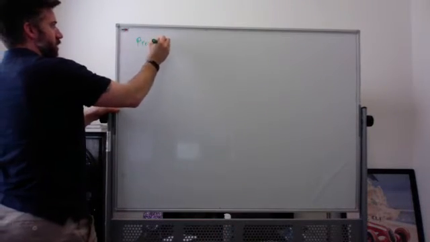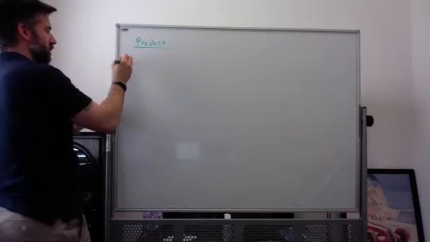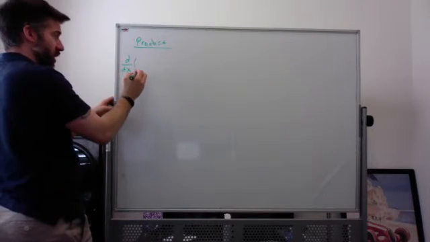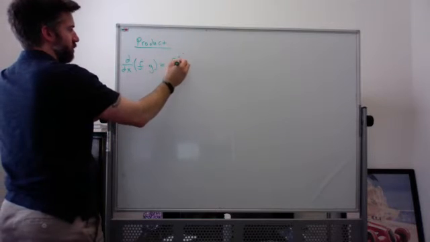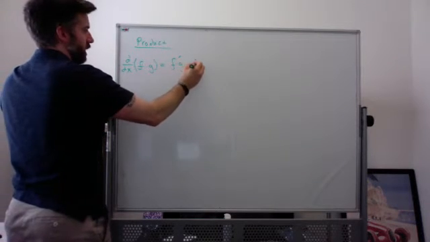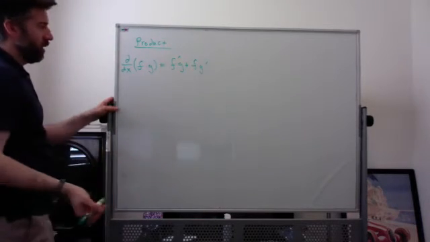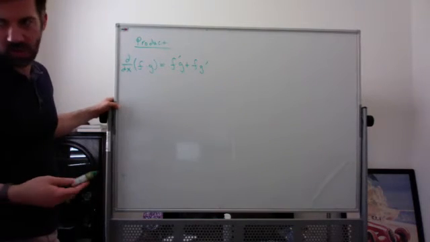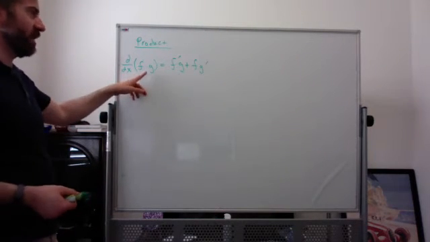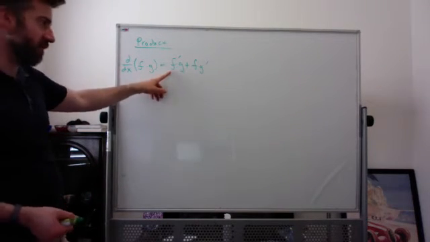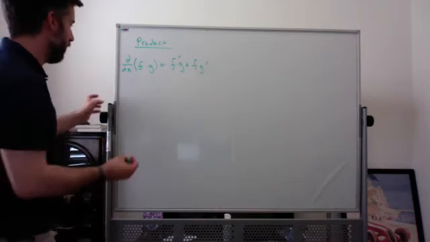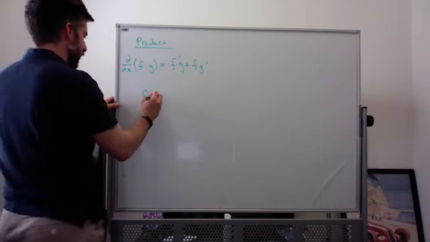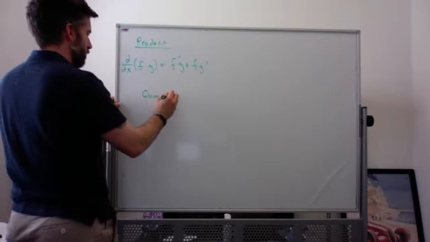So the product rule says that the derivative of the product, f times g, is f prime g plus f g prime. Really, we're using shorthand notation here. This is really the derivative of f of x times g of x is equal to f prime of x times g of x plus f of x times g prime of x. In a similar way, the quotient rule actually looks a lot the same.